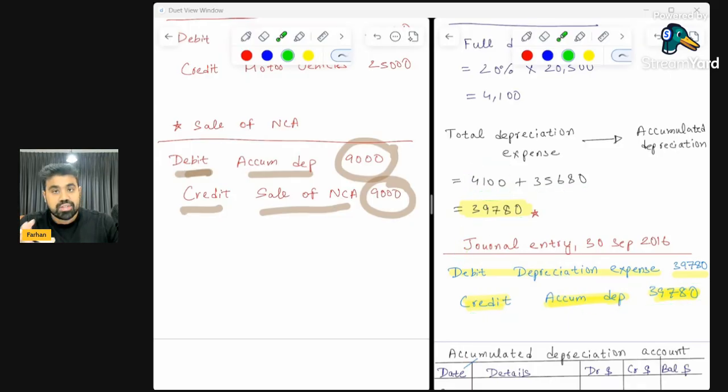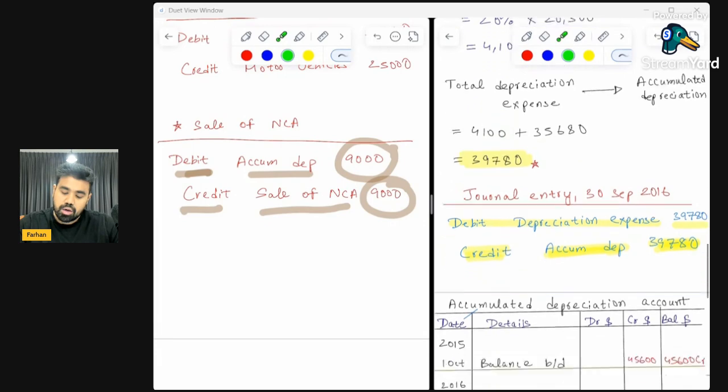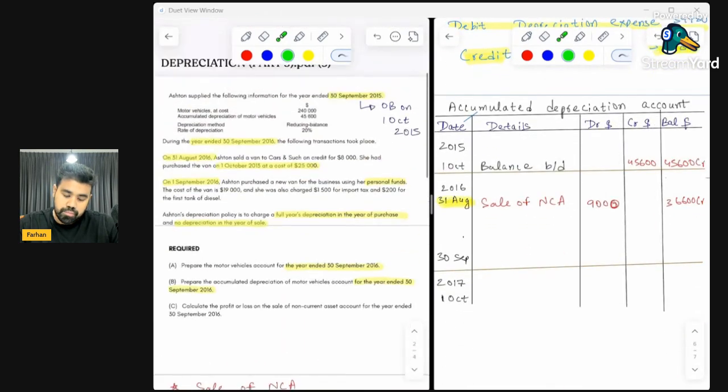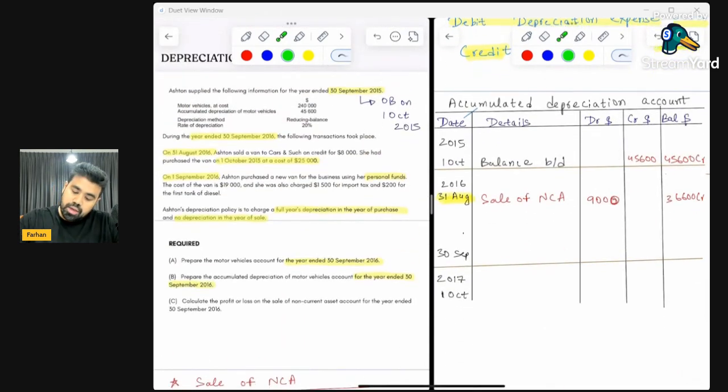So if we are crediting the accumulated depreciation account, then what's happening? In the accumulated depreciation ledger account, we will record 39,780 on the credit side. What can we write in the details column? We will write depreciation expense, but we have to be specific because we have got motor vehicles.